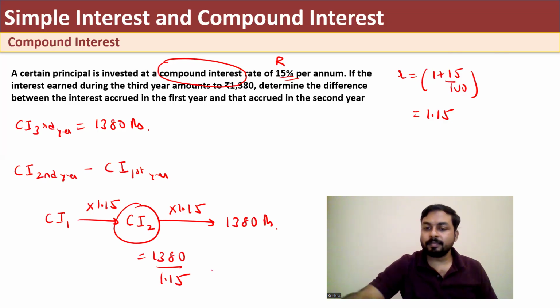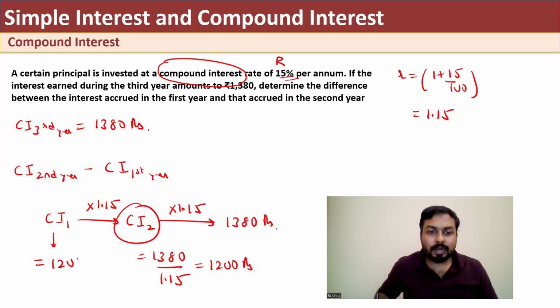Let's see how much it is. If I do 1380 by 1.15, I'm getting 1200. So the compound interest for the second year is 1200 rupees. And what is the compound interest for the first year? It will be 1200 by 1.15, the compound interest for the second year divided by the common ratio.